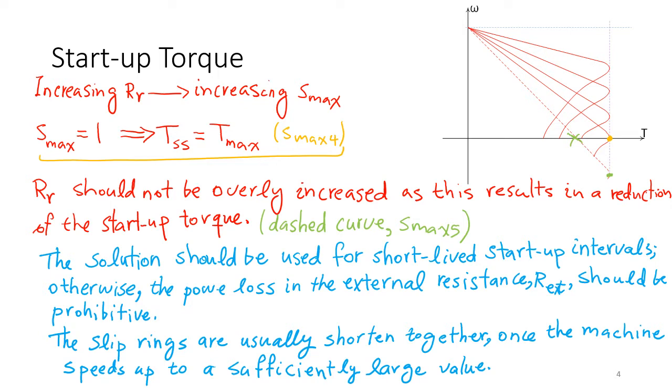Okay. Summarize our discussion here. And here was increasing RR or R external.